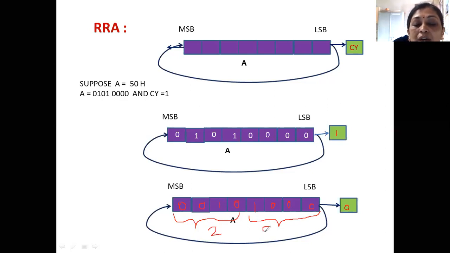This is equivalent of 8. So accumulator is equal to 28 hexadecimal. And what will be the contents of the carry flag? Contents of the carry flag are 0 now. Okay, earlier it was 1. Now it has become 0. Are you getting the point, students?